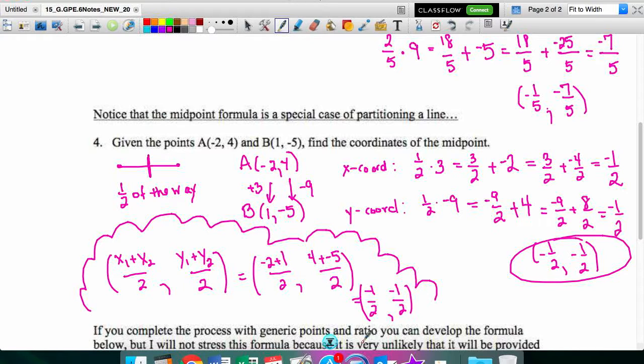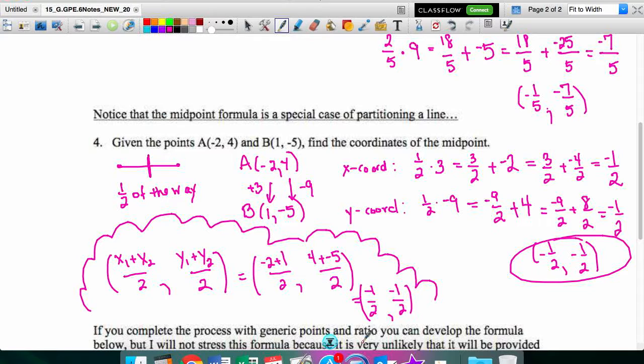So what I'm showing here is that you can use the longer process and get the midpoint, or you can use the midpoint formula. You pick whatever's easiest for you. The problem with the formula, although it's quicker, is that you have to memorize the formula. Unfortunately, the midpoint formula isn't always given on standardized tests.